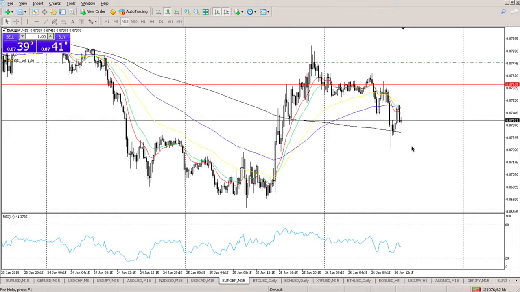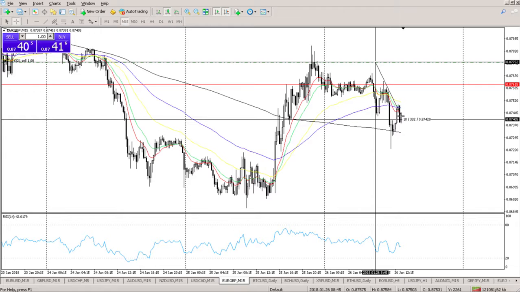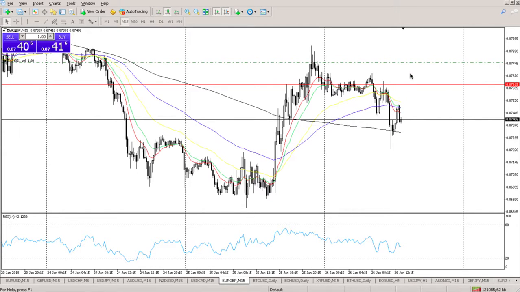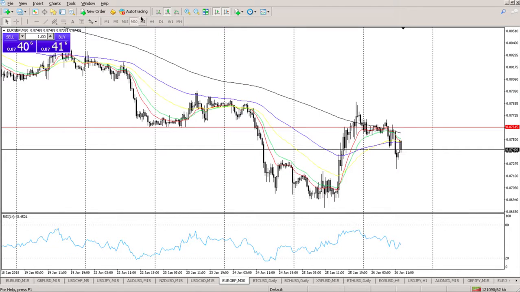I'm not sure if it's going to drop anymore, so that is the reason I'm going to close this trade. So you see, it's about 35 pips. So that's profit booked on Euro GBP.